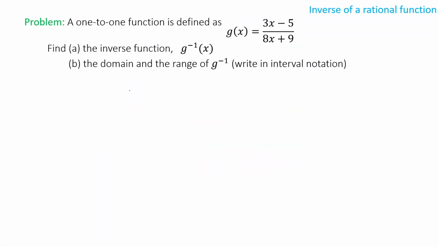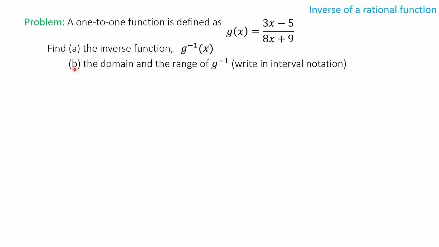Now we are going to do this problem. A one-to-one function is defined as g of x is equal to this. A, you need to find the inverse function of this function.